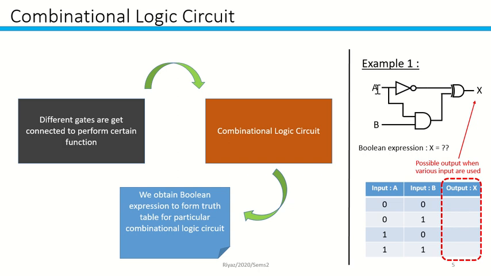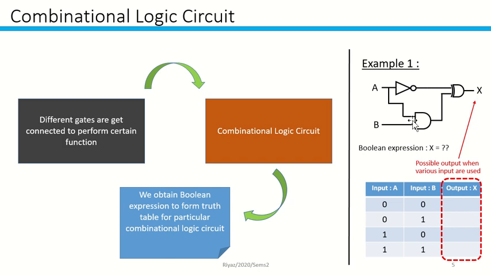Input A also goes to one of the inputs of the AND, and B goes through here, so you have an output here. The output of NOT and the output of AND are combined as inputs to an exclusive OR, and you're going to have an answer here. This is the output.